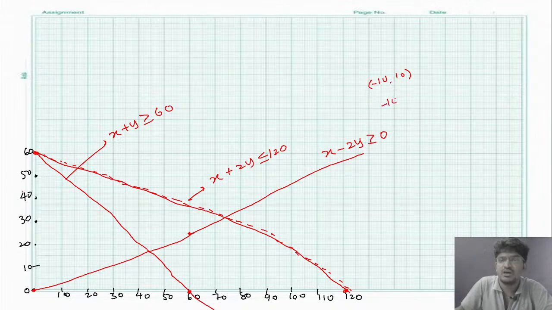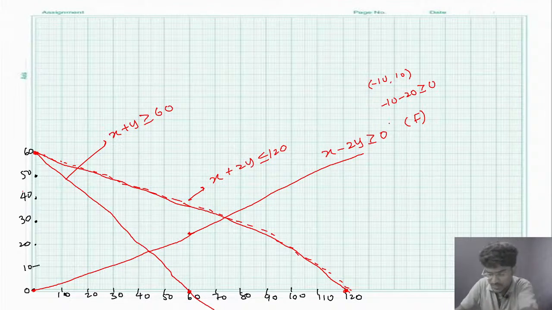That will be minus 10 minus 20 greater than or equal to 0. So this is false because you get minus 30 greater than or equal to 0, which is false. So the arrow mark should be away from the second quadrant.